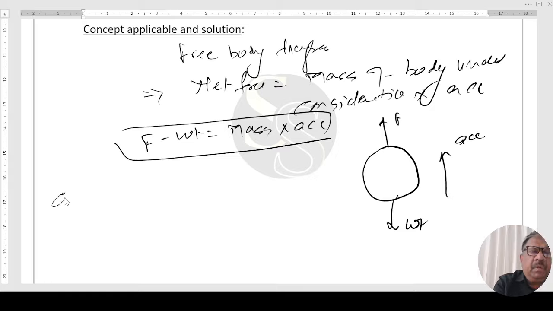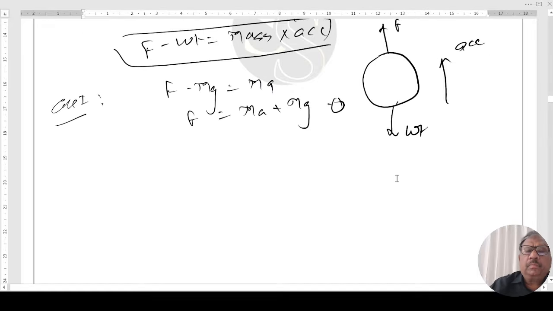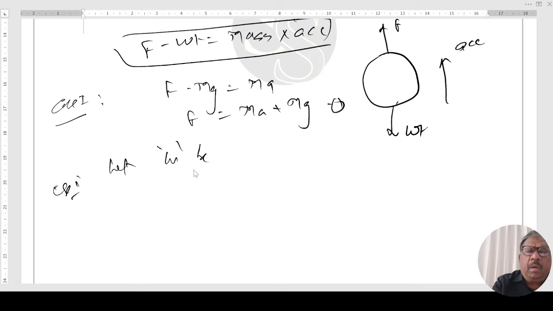In the first case, F minus mg equal to m into a. The value of F comes out to be ma plus mg. This is equation 1. Case 2. Let small m be the mass released, the balance of mass will be M minus m.